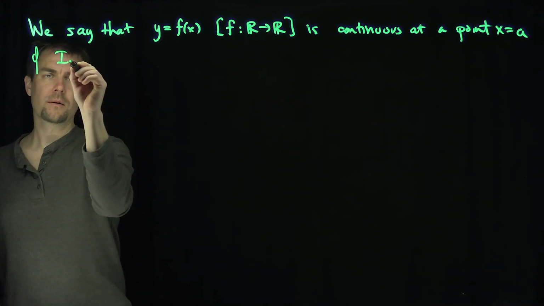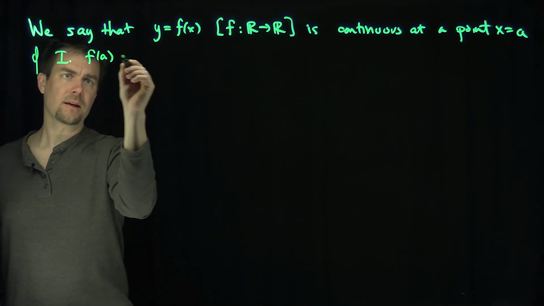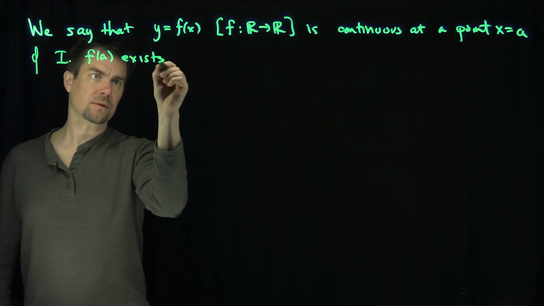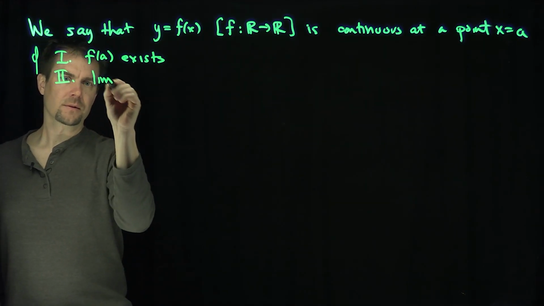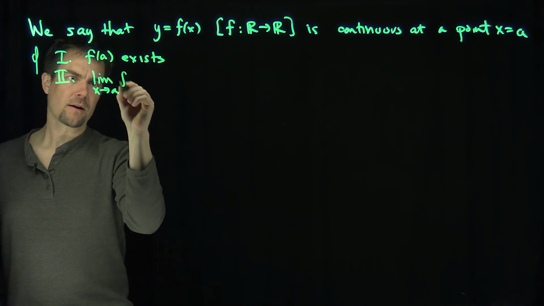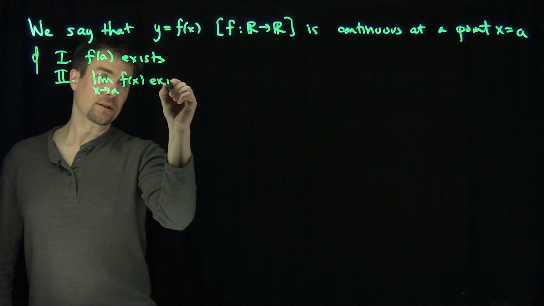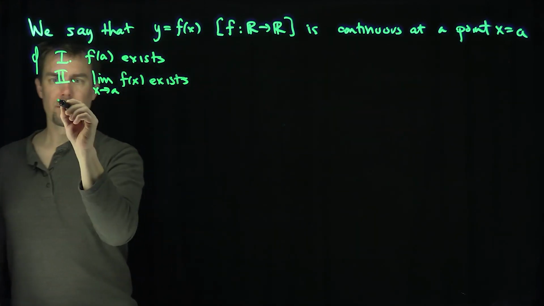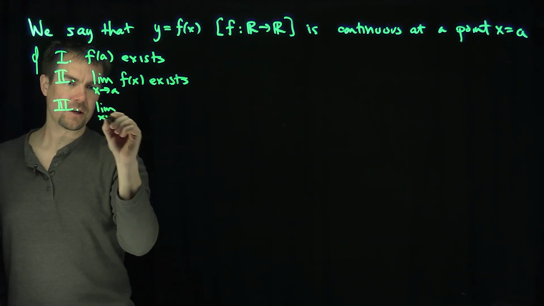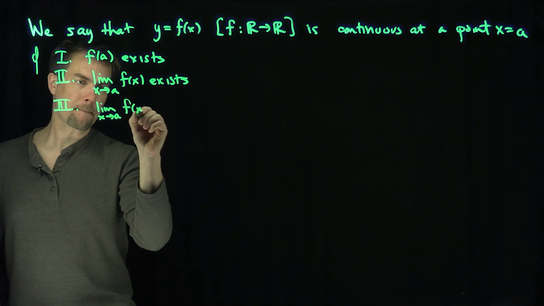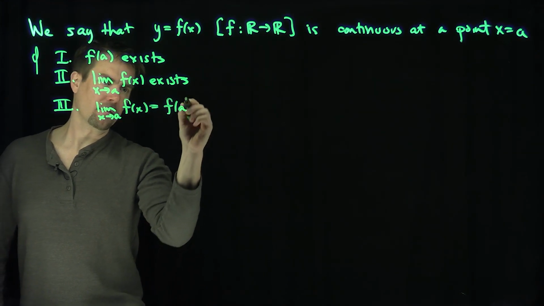1, f of a exists. 2, the limit as x goes to a of f of x exists. And 3, not only does the limit exist, but the limit has to be equal to f of a.